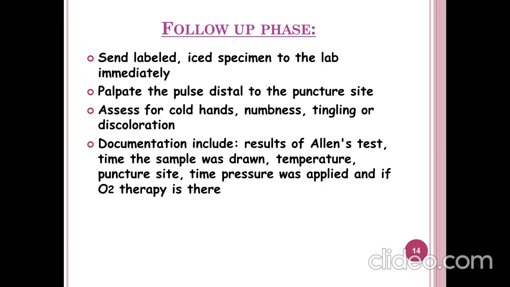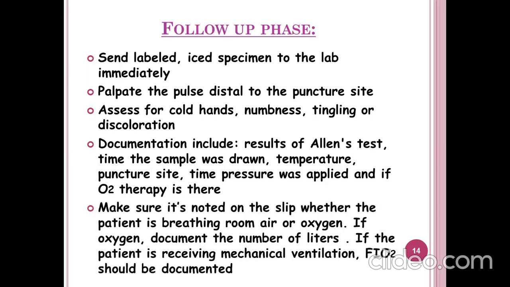If the patient is on oxygen therapy, just keep it in the record. Make sure it is noted on the slip whether the patient is breathing room air or oxygen. If oxygen, document the number of liters.